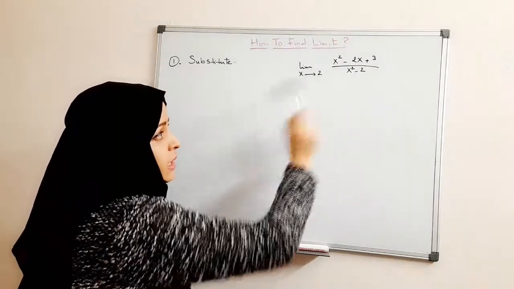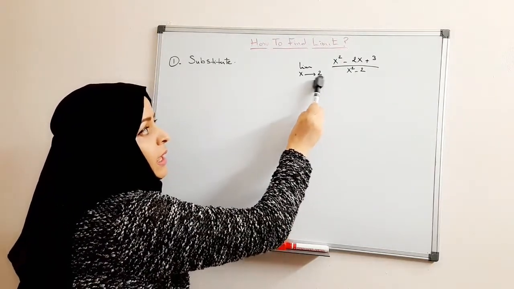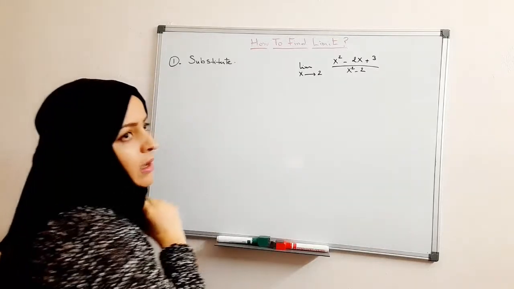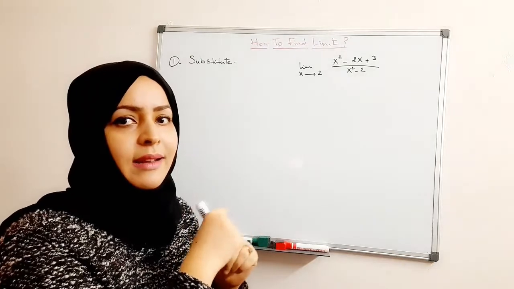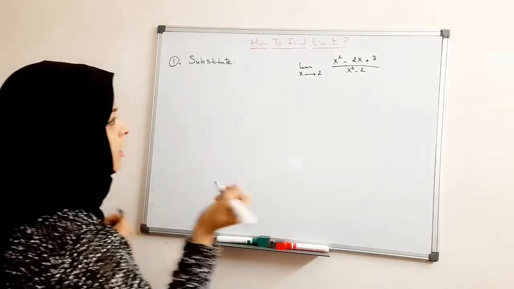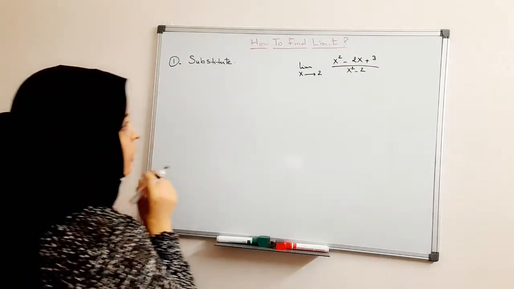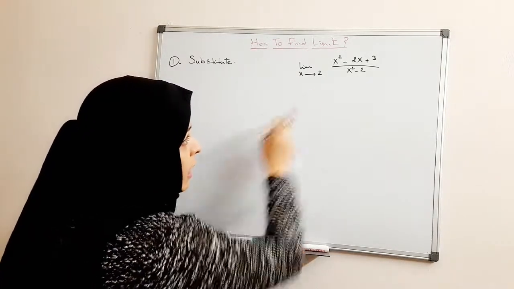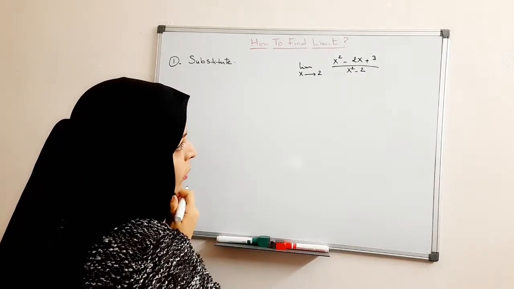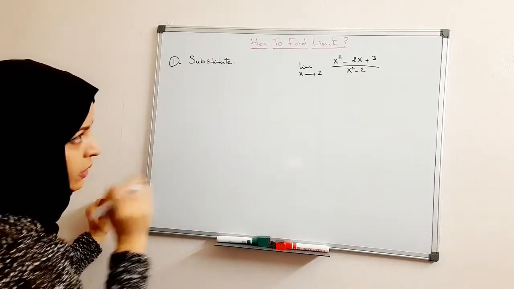If the function is discontinuous at 2, we cannot simply substitute, and we will see that later in detail. Now we have no problem, the function is continuous at 2, so we can try to substitute as a first thing.